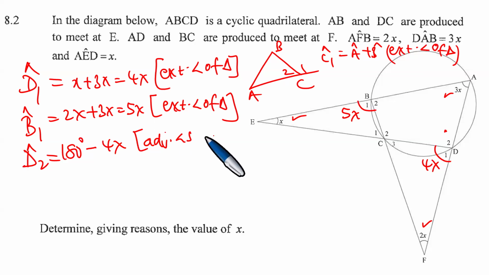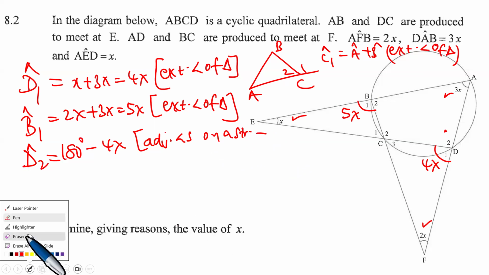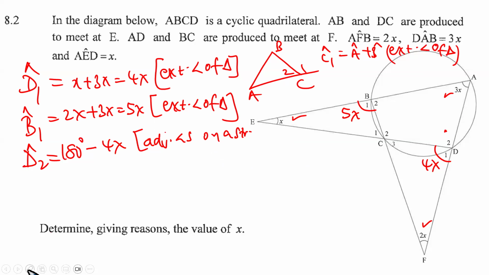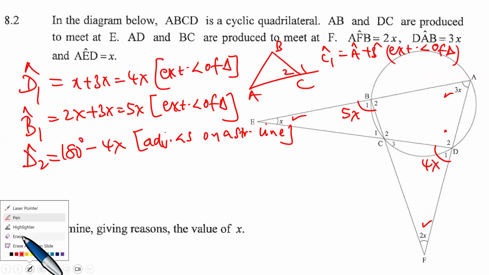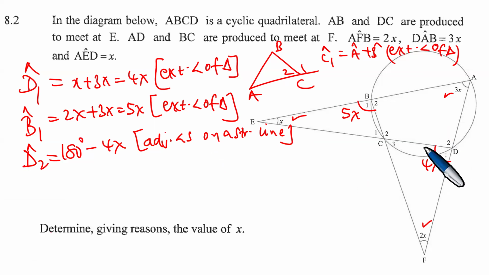Therefore, the angle D2 is 180 degrees minus 4x.